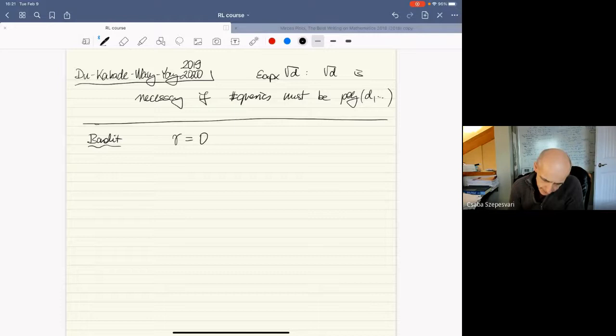In that case, we can blow up the action space and create this needle in a haystack problem. So you have one state, and you have many actions, and all of these actions lead back to the state. This is action 1, this is action 2, and this is action A, capital A actions.